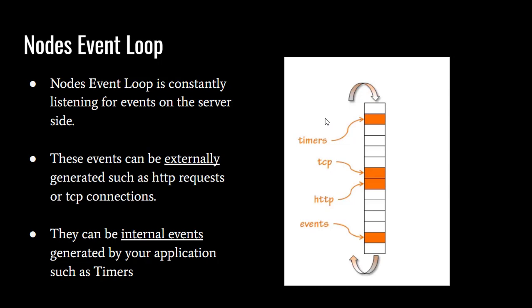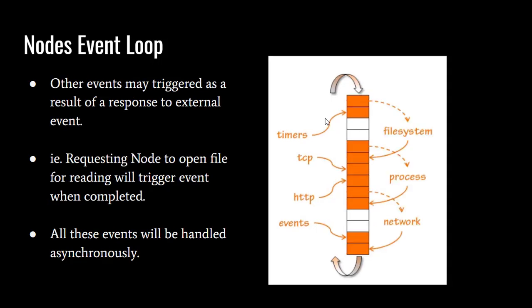When we get into more advanced features of the event loop, we'll know why it's not considered truly a queue. Other events may be triggered as a result of a response to an external event. For instance, if a timer goes off, it triggers a file system to maybe open and close a file. So we have an event that may be happening when the file is read, based on when it's closed.